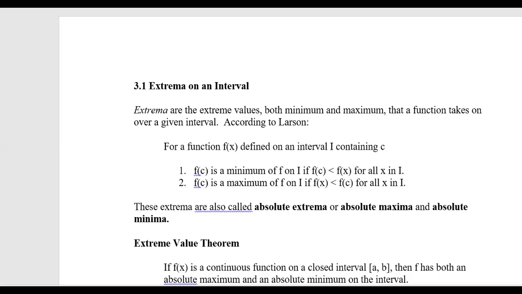So let's get started. Extrema. We have a technical definition here.